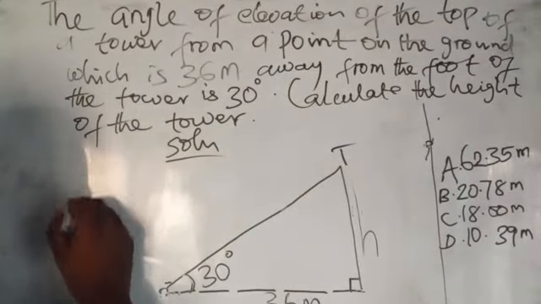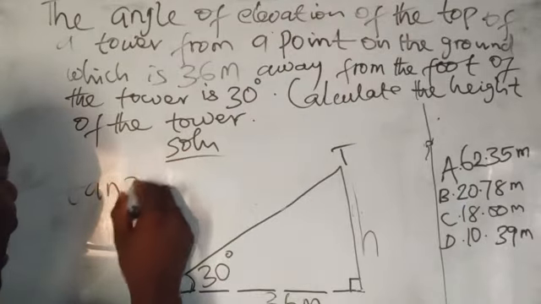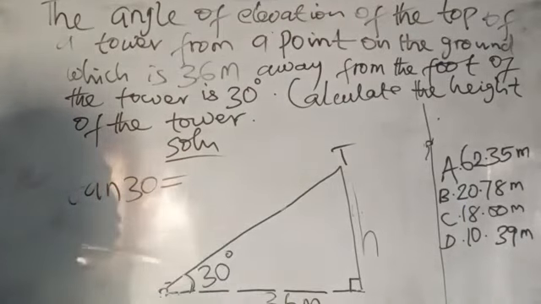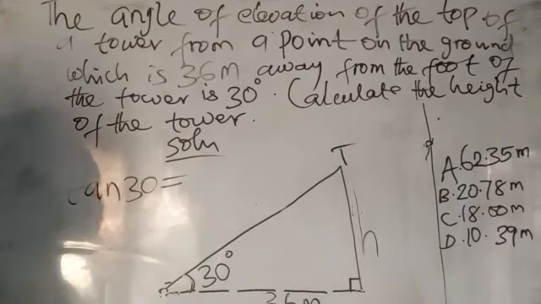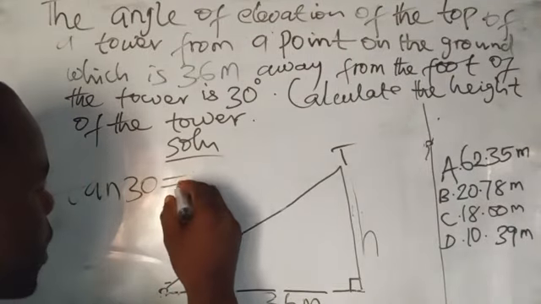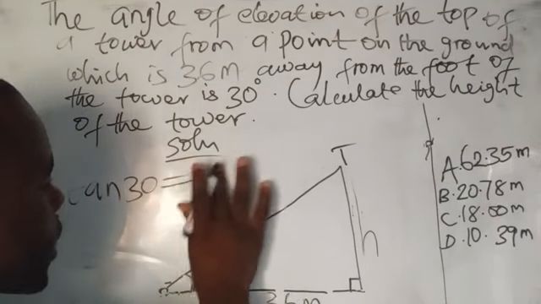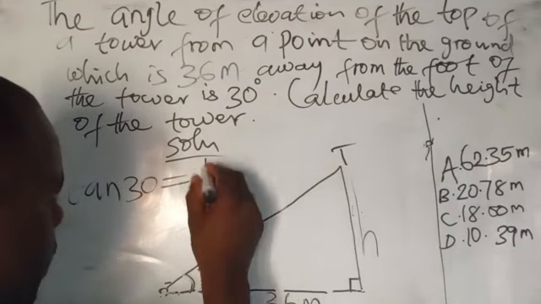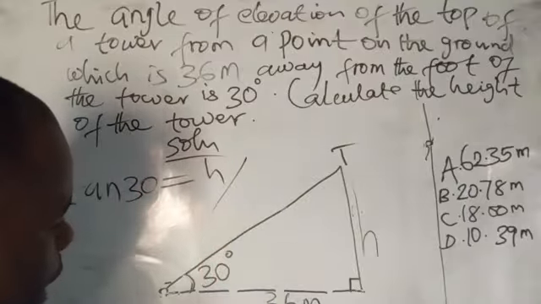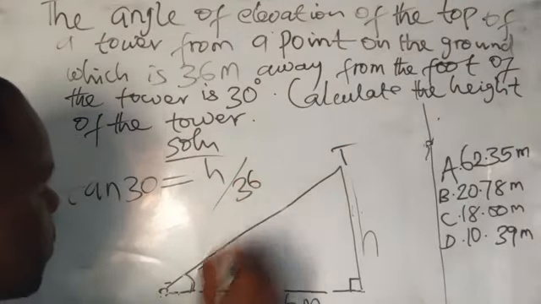So that we'll have that tan 30 degrees is equal to opposite, which is this h, all over adjacent, which is 36 meters.